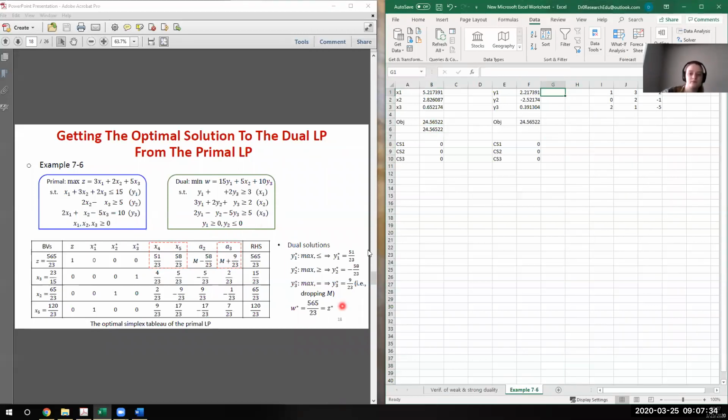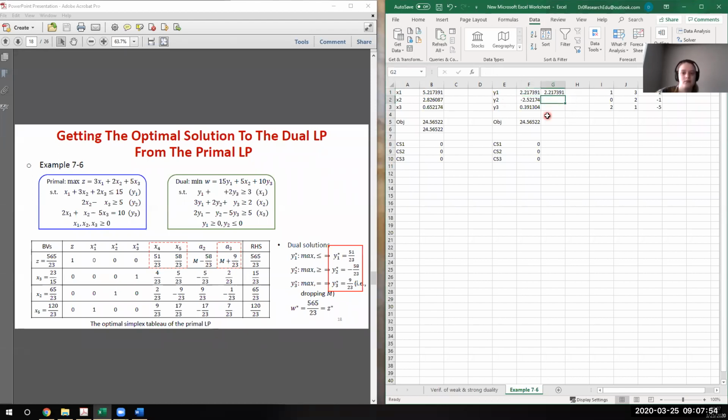Now I'm going to calculate y1, y2, y3 to see whether these claims are correct or not. Let me draw a box here. I claim y1, y2, y3 equal to this, and let me go back to check whether they're really correct. So 51 over 23, and you can see these two numbers are the same.